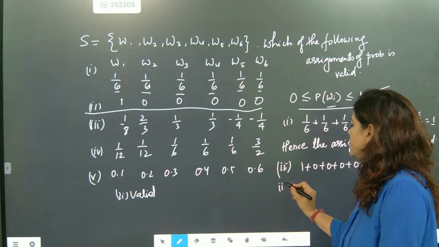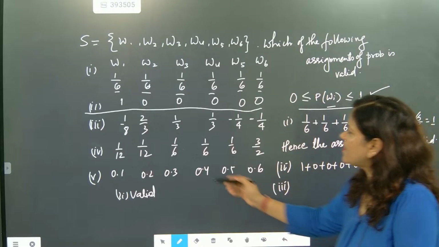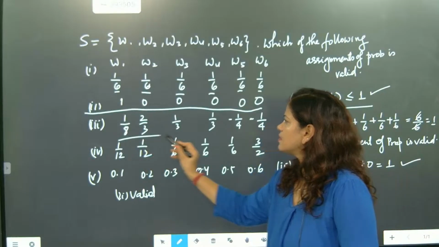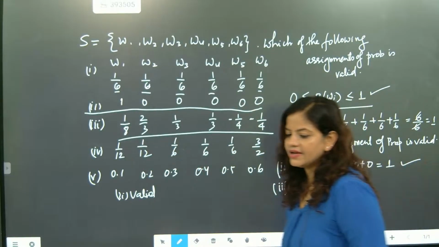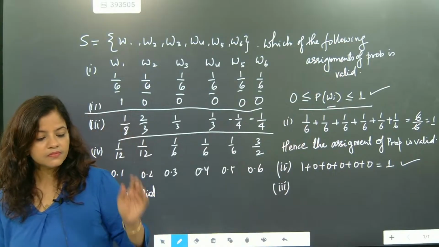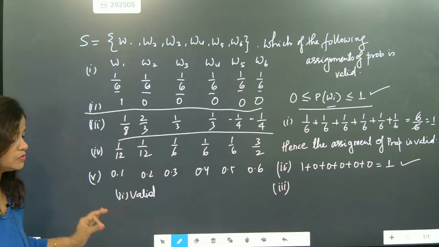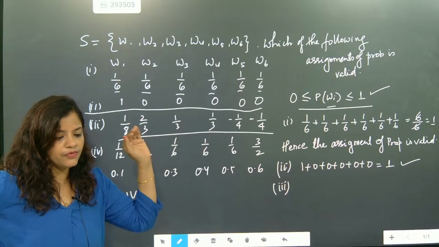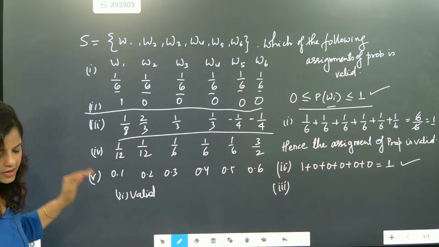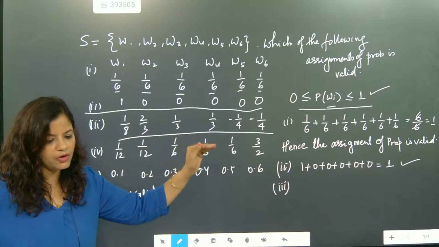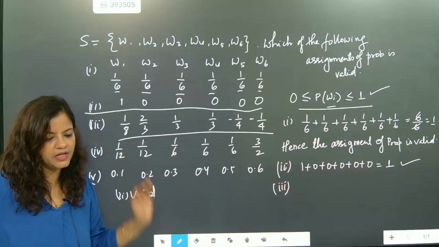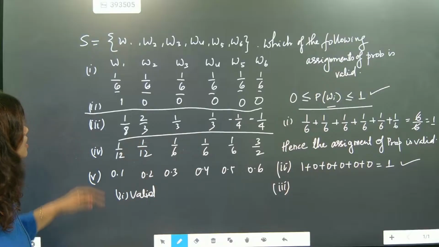Now the third one. Can you say whether the third one is valid or not? Not only individually, together also. Individually they should follow probability, and together also they must follow probability. So both should be there, individually and together.